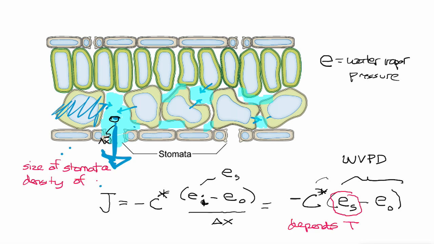Let me just write density of stomata here. This also depends simply on the kind of plant, right? The kind of plant determines the size and the density of the stomata. Another factor that is related, actually the big factor here, these are all relating to the plant itself, and I should add the size of the plant here. Grass, for example, will offer a very different type of resistance or conductivity than an oak tree.